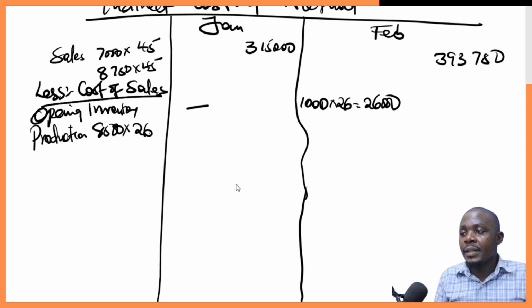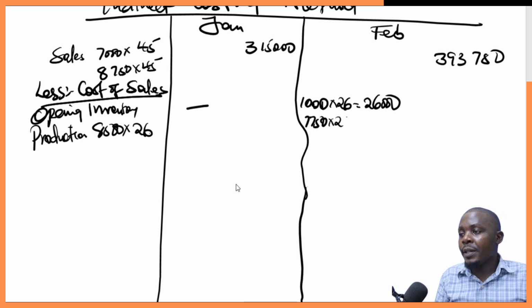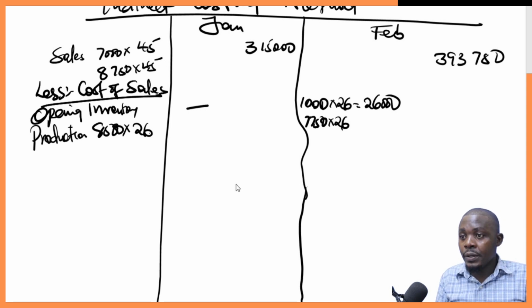Then this side, we had the production which was 750. We multiply by 26. Let's see what we get. 8,500. We multiply by 26. To have 221,000.